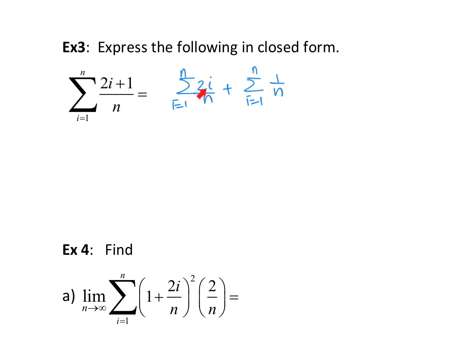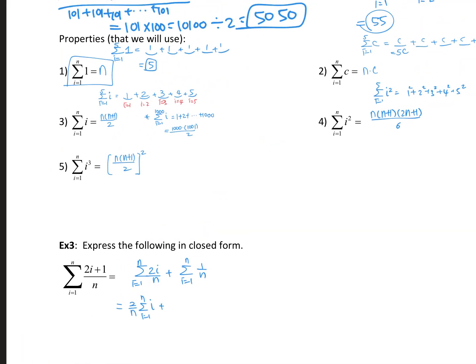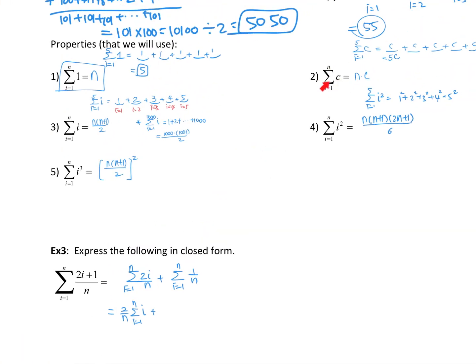According to this, I changes, but 2 and n are just fixed numbers. So basically we can factor that out also. So here I can go 2 over n, sigma I goes 1 to n of I, plus here again there's no I in it, so we know what that is. If I'm adding a bunch of constants, it's just n times c.